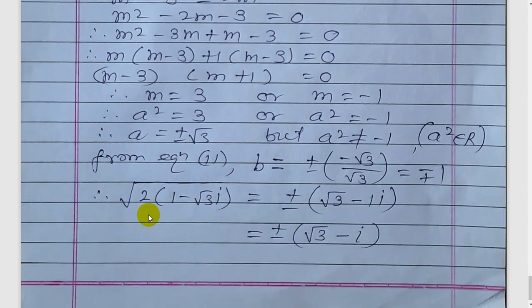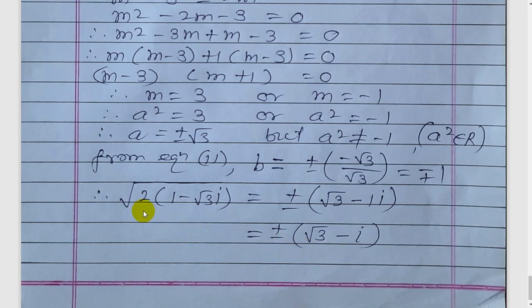Therefore, square root of 2 into (1 minus root 3i) equals plus minus (root 3 minus 1i), or plus minus (root 3 minus i), because 1 into i is i only. For the separate square roots: root 3 minus i, and in another bracket, minus root 3 plus i.